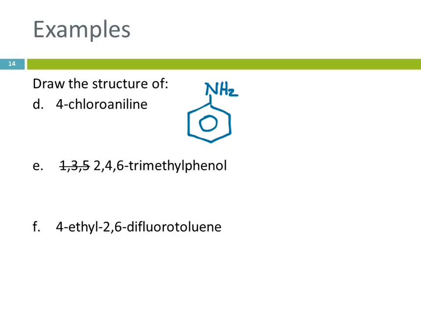And then 4, we can number to the right or to the left, it doesn't matter. 1, 2, 3, 4. Because this is aniline, that group that makes it aniline needs to be carbon number 1. And so 4 is going to end up being on the opposite side, and it's chloro, so it's a chlorine group.